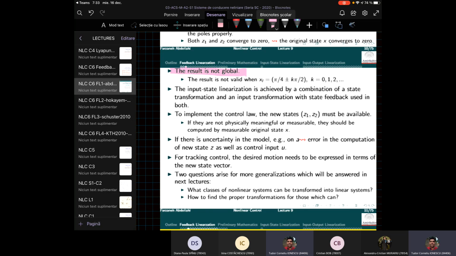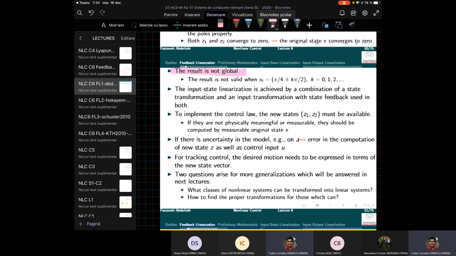To implement the control law, the new states must be available. If they are not physically meaningful, they should be computed from the measurable original state X. Or you can do state estimation, like for the Kalman filter, or you can build an observer, essentially. That's why in other lectures they present you with observers.